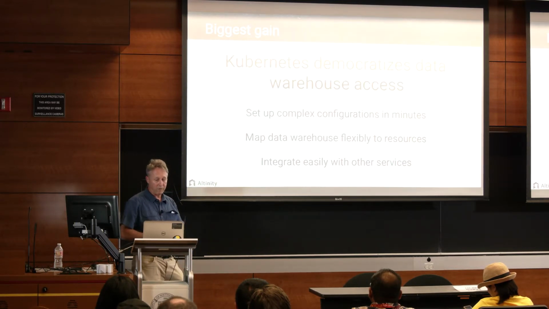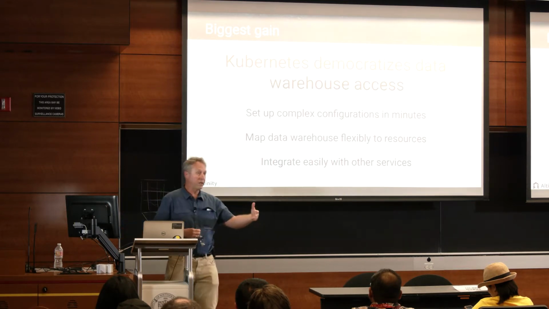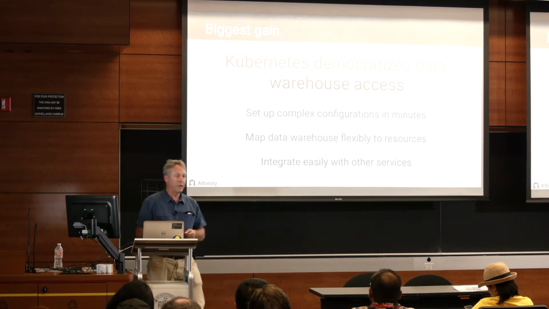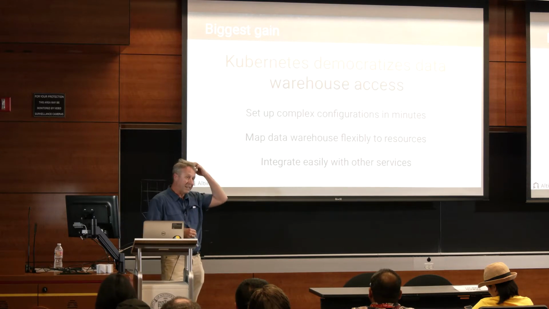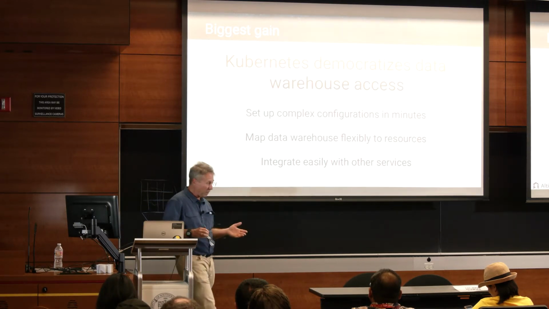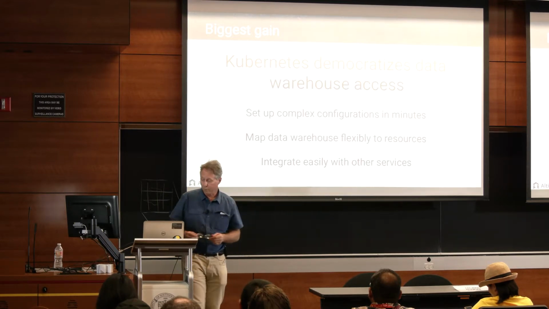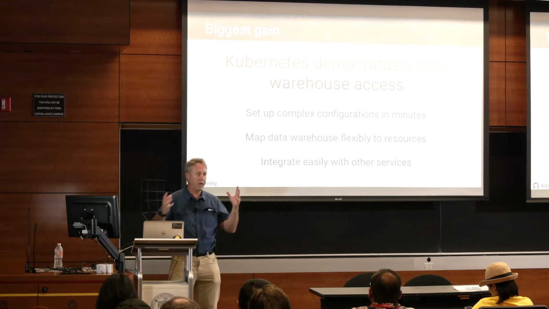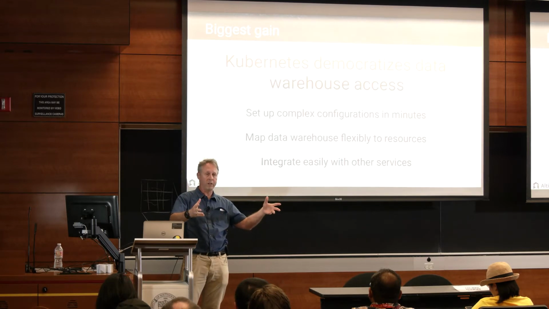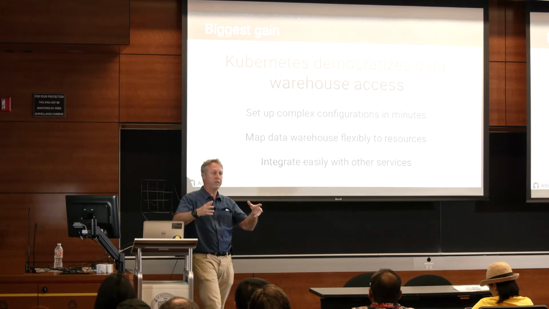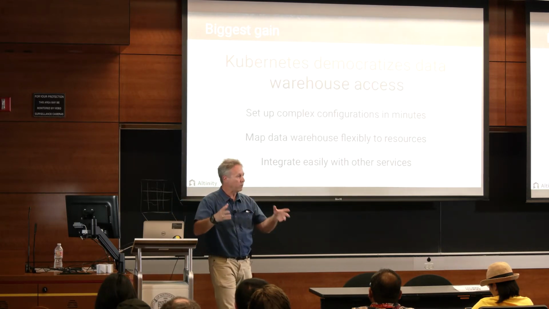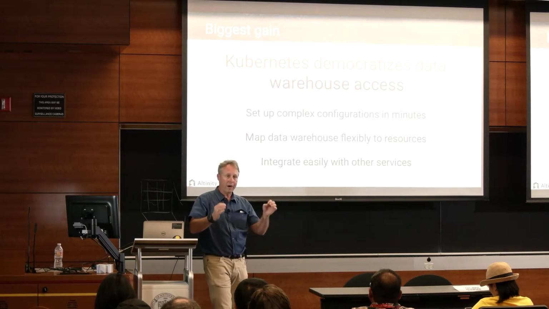The good news, though, is with Kubernetes and this operator that we've developed and other operators that are emerging, any application can have a data warehouse. And this is really important because we actually foresee a world. I mean, everybody is here because they deal with data. We foresee a world where the volumes of data are going to require millions of data warehouses.